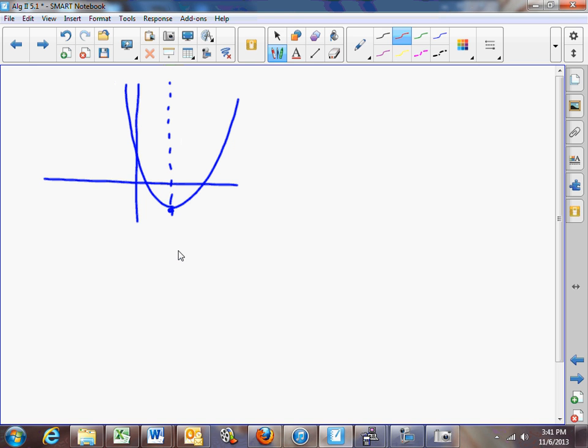Now, notice there is symmetry with respect to the axis of symmetry, the dotted line. Now, somewhere over here, this quadratic function crosses the y-axis. Now, if we were to go to the axis of symmetry and then the same distance on the other side, we would get what is referred to as the symmetric point.